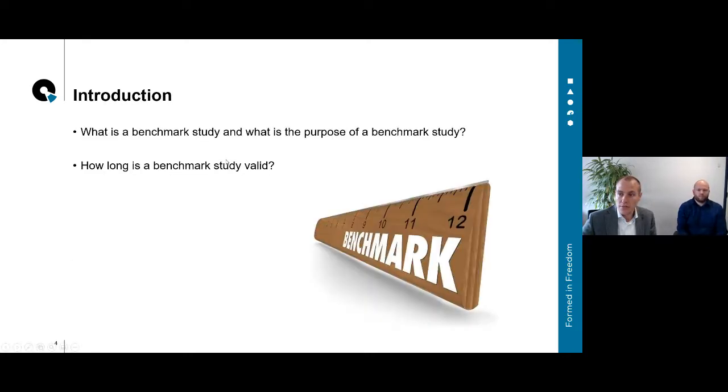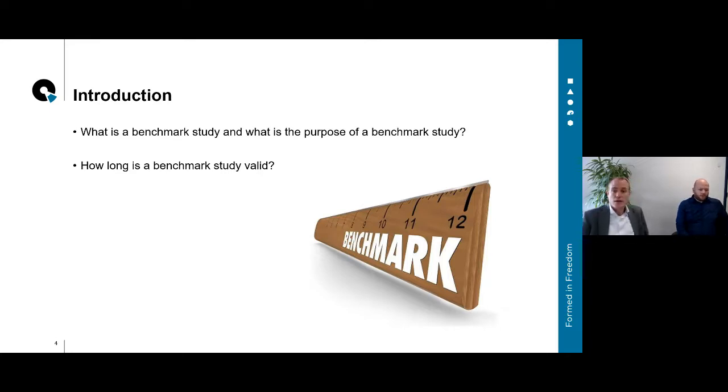Let's start. So what is a benchmark study and what is the purpose of a benchmark study? Remko, can you explain this? The purpose of the benchmark study is to compare intercompany transactions between multinational companies, and to determine an arm's length price for those intercompany transactions.